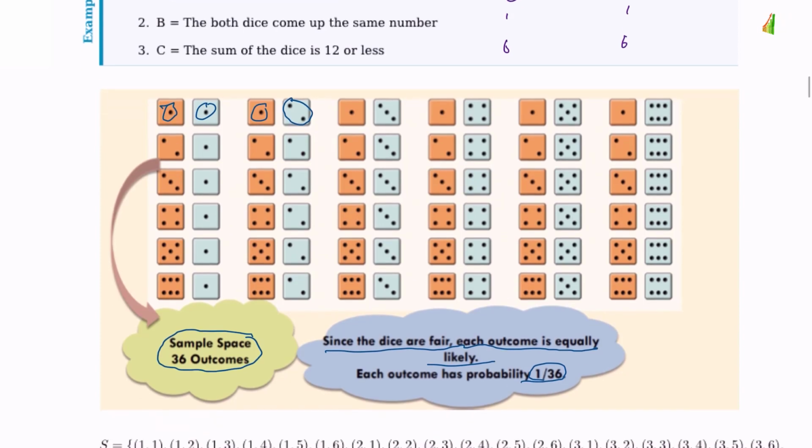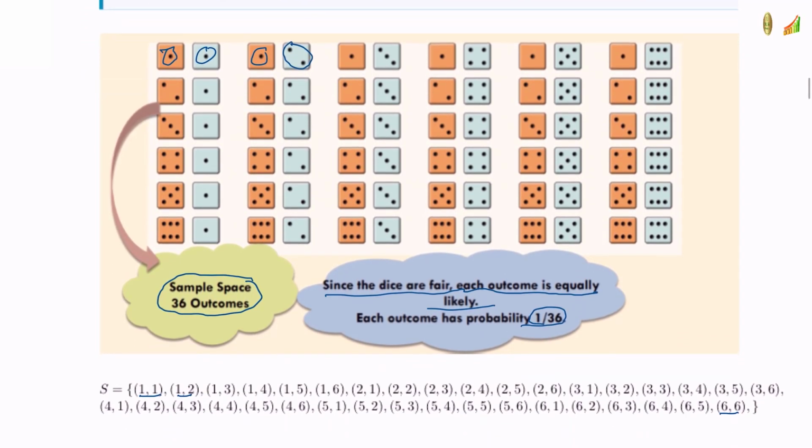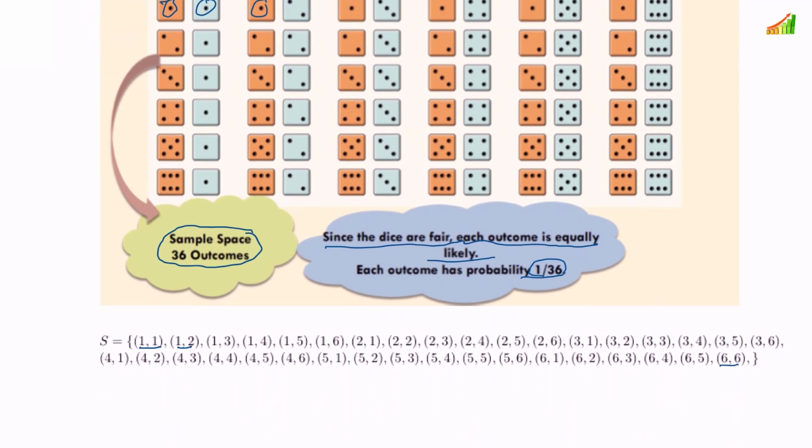A, the sum of the dice is 11. Right, the sum of the dice is 11. What are the outcomes for that part? So for the sum 11, you see here 5 plus 6 is 11, and 6 plus 5 is 11.